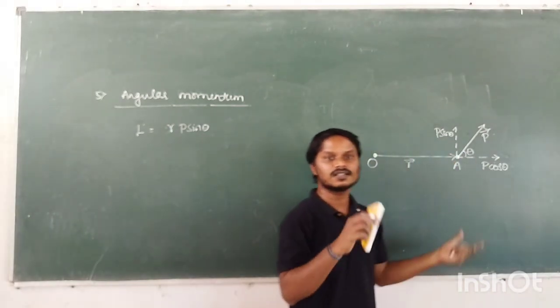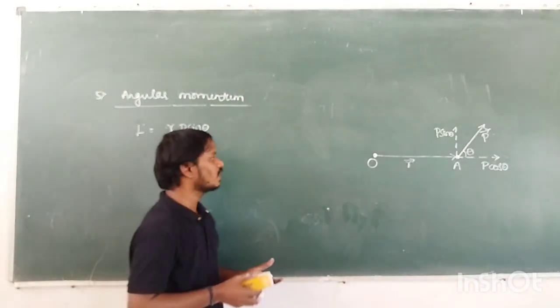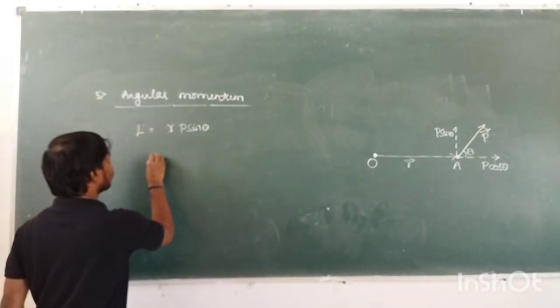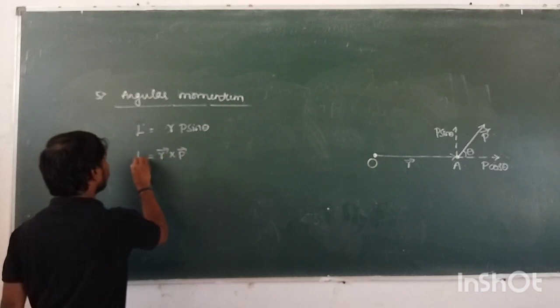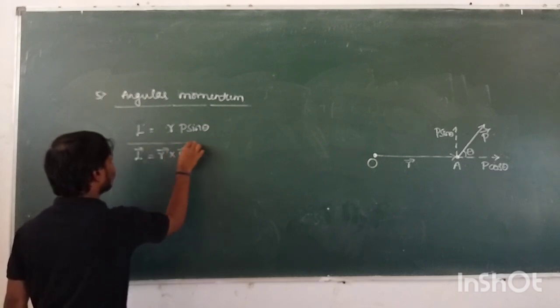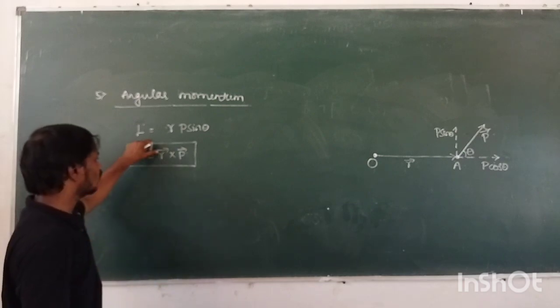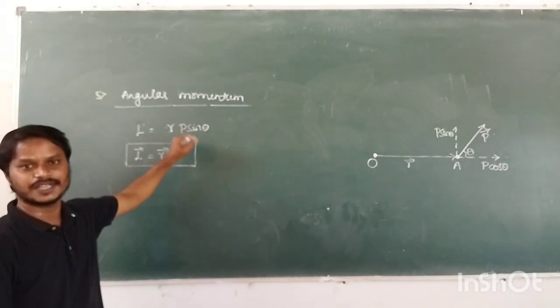Hence, R into P sin theta can be written as R cross P. It is the expression for angular momentum. What is the expression for angular momentum? It is the cross product of position vector and linear momentum vector.